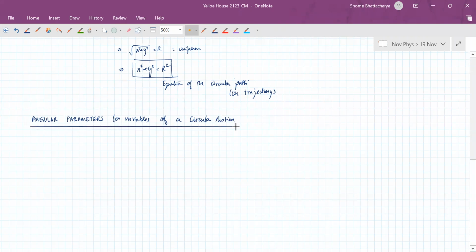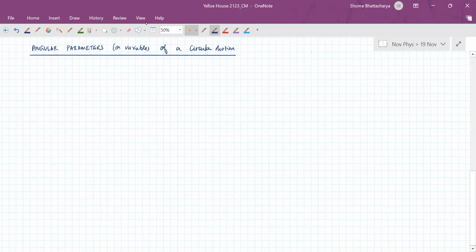These are a set of parameters that express the motion quite simply, in a simplified way.